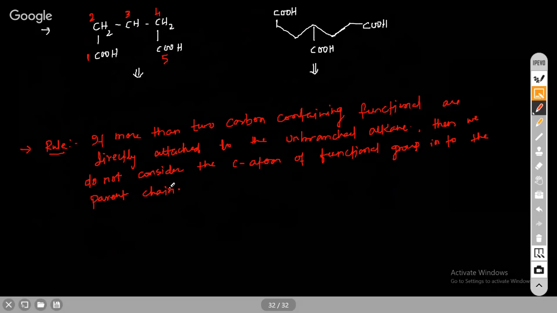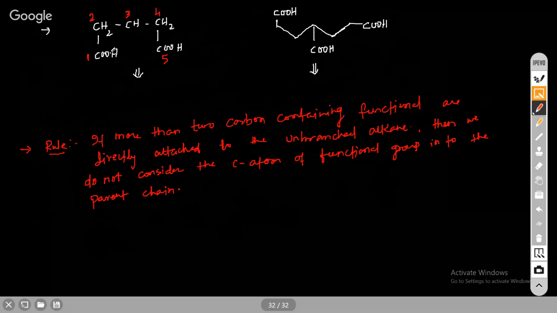So now you see the first compound, we have only two groups directly attached. Important thing is, it is directly attached. So we have only two groups, so we'll consider these carbon atoms into the parent chain. So the number of carbons in the parent chain will be 1, 2, 3, 4, 5. And if you remember, we have carboxylic acid, cyanide, amide, okay? In all these functional groups, we always start numbering from the carbon atom of the functional group, right? Generally we do numbering like that only.